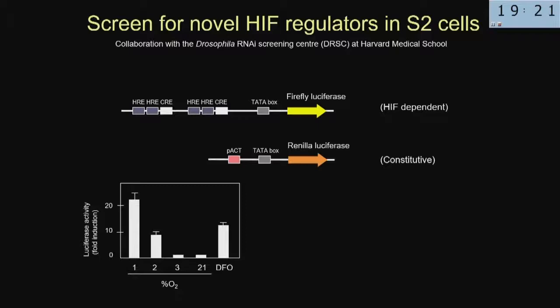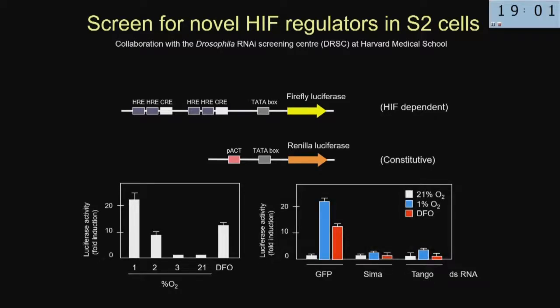The reason is that the prolyl hydroxylase that exerts its function as an oxygen sensor is an iron-dependent protein, so that if we chelate the iron, it responds as if there was hypoxia. So this is very important.